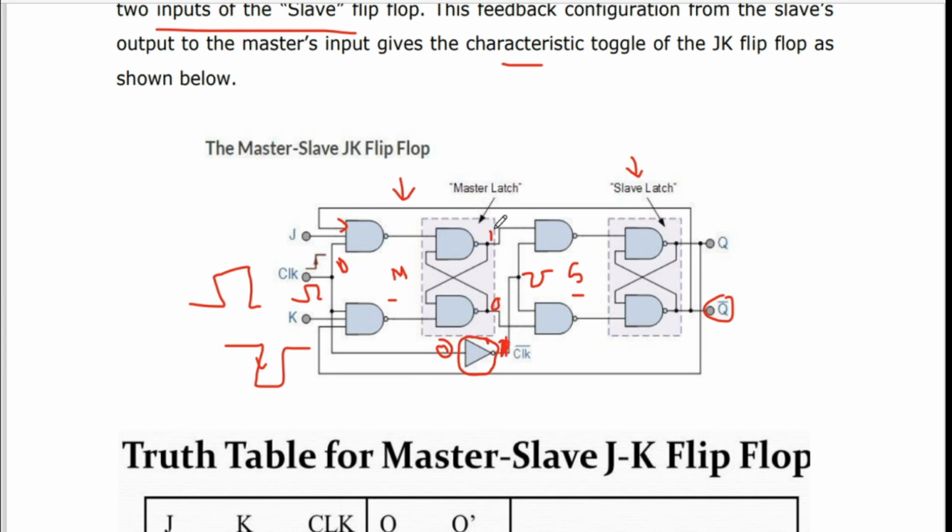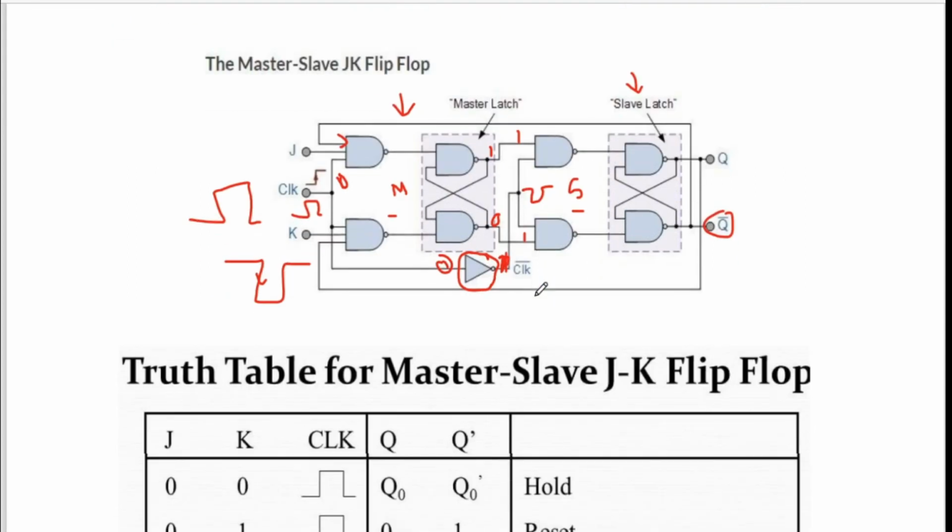Whatever output we had from the master acts as the input to the slave. Because of this delay in capturing the input and processing the output, we try to avoid the race condition.